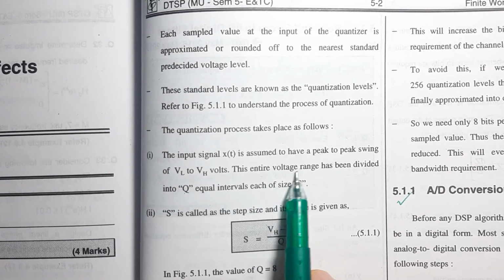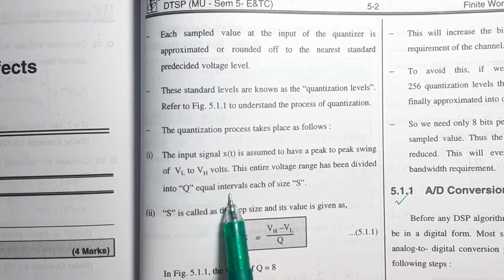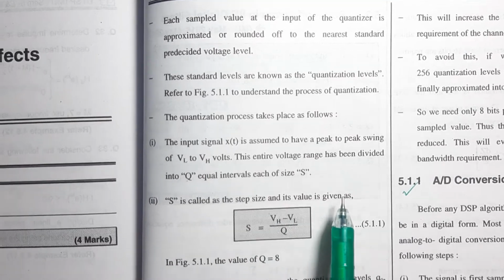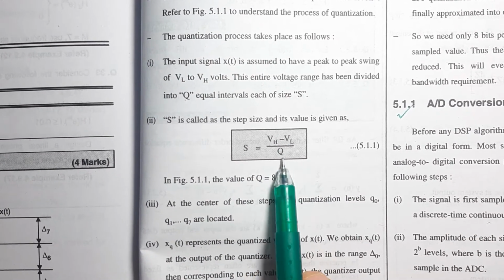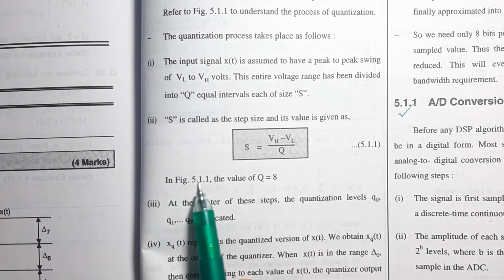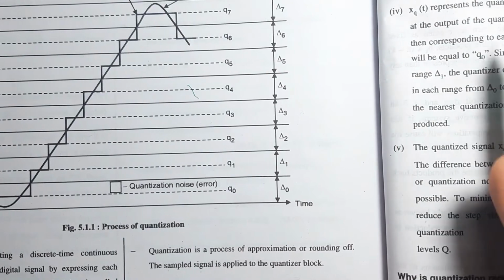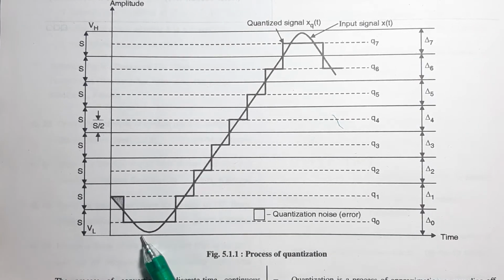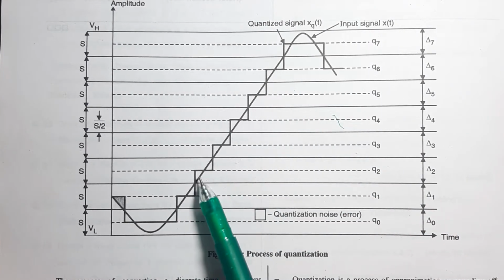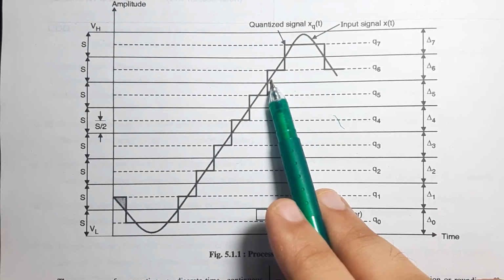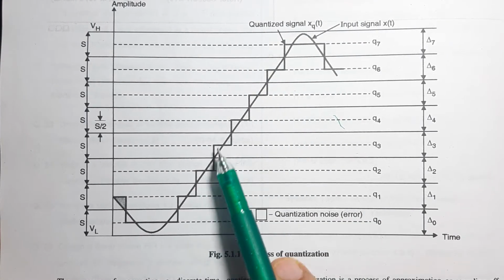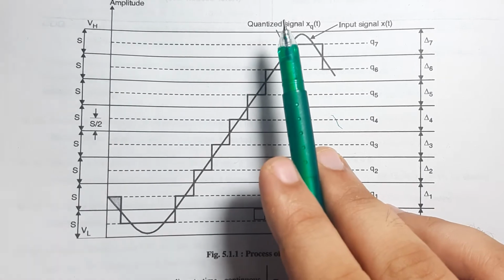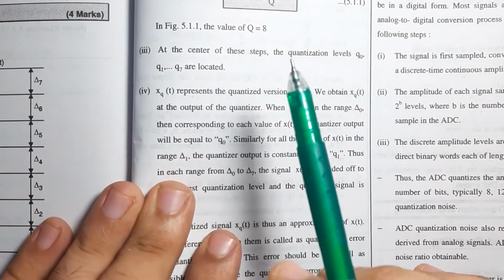Now, this entire voltage range has been divided into Q equal intervals, each of size S. Now, S is called the step size and its value is given as S equals VH minus VL upon Q. In your figure, this signal over here is being quantized from here to here in 8 steps: 1, 2, 3, 4, 5, 6, 7 and 8. So yes, it is being divided into 8 sections. So the value of Q over here is 8.